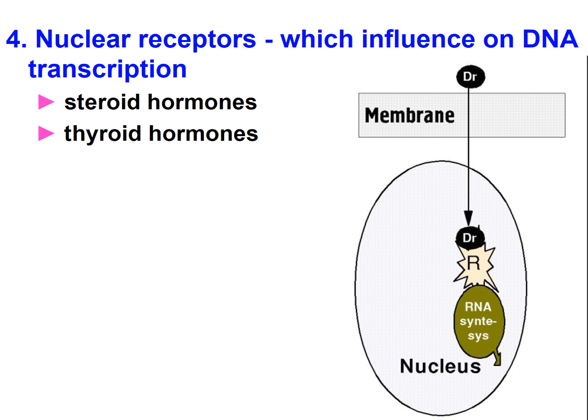And in order to be stimulated, the ligands for these receptors must cross the cell membrane, and only in the cytoplasm of the cell does it form the drug-receptor complex, which is further transported into the nucleus of the cell, and there it produces the corresponding effect.